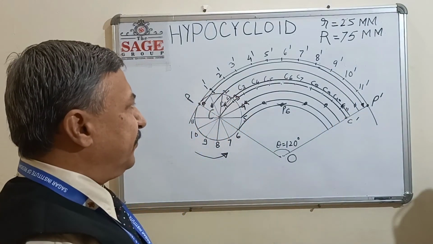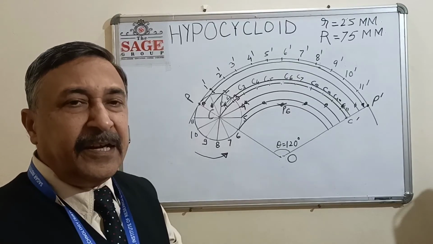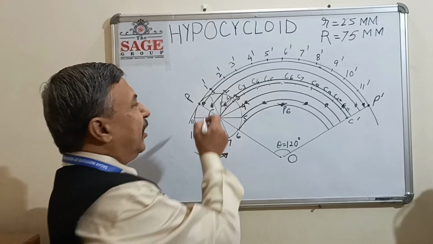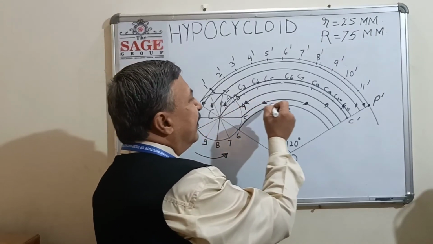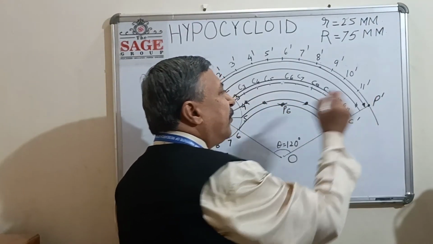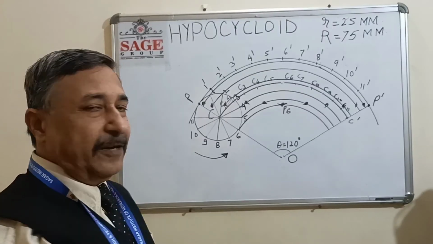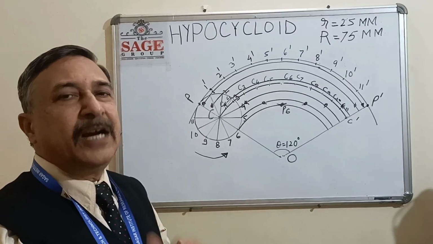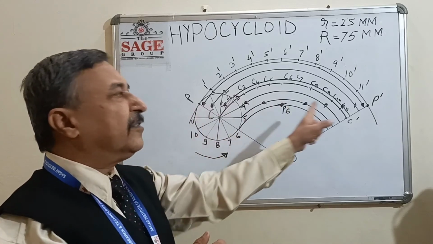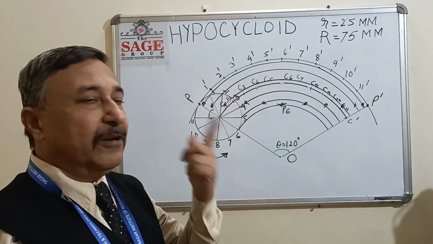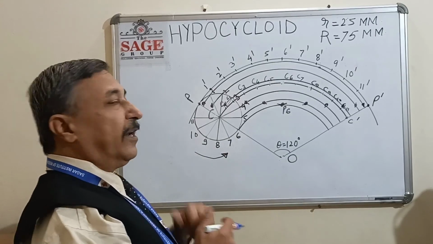Now see here, this curve may be a straight line. All points are approximately in a straight line. Not a straight line, actually it is a curve, but there will be a condition when this curve will be a straight line. That question we will solve in the next class or another class.